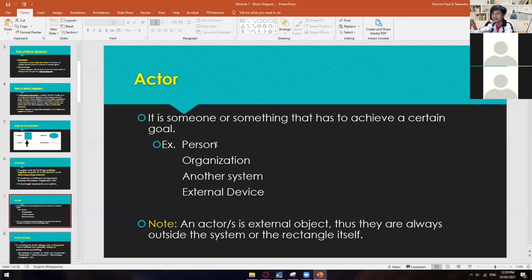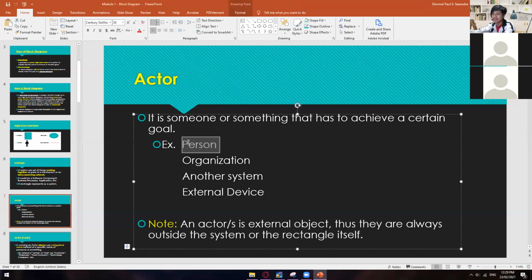So again, an actor is not limited to a person or customer only. It could be an organization, another system, or an external device. All right, just keep this one in mind.